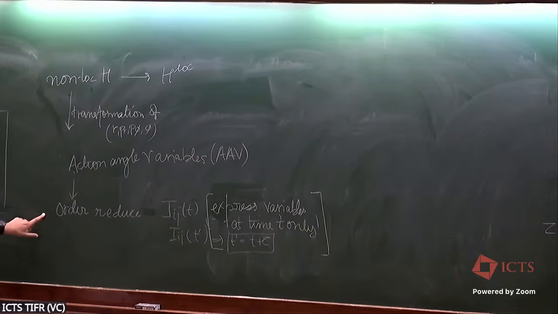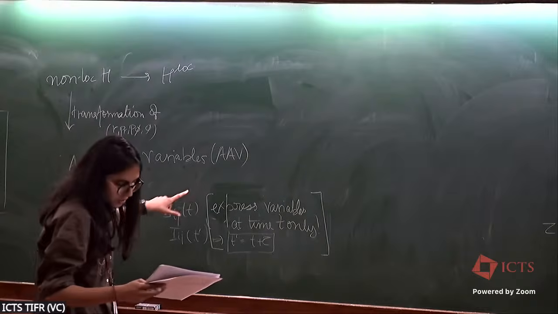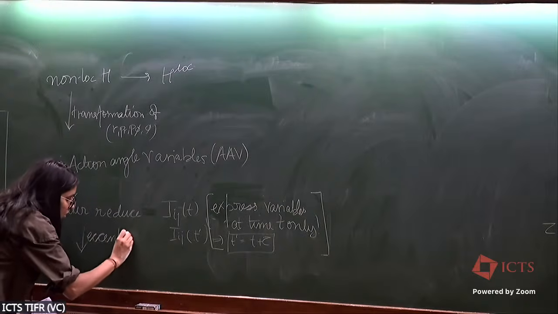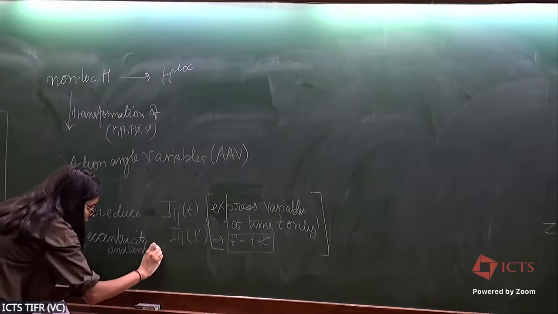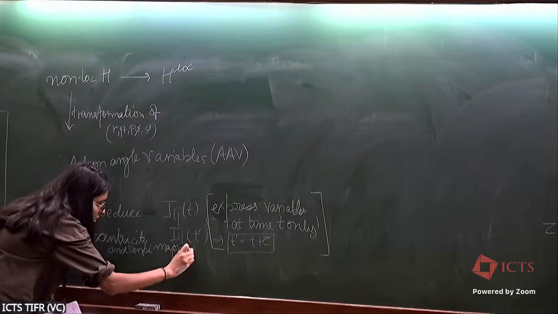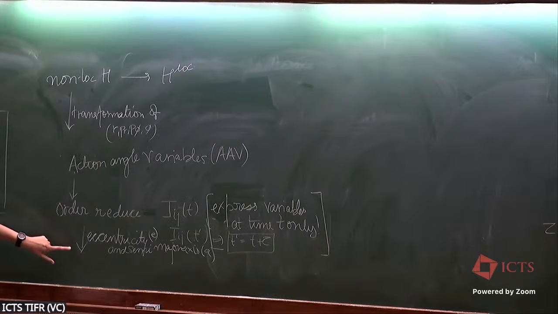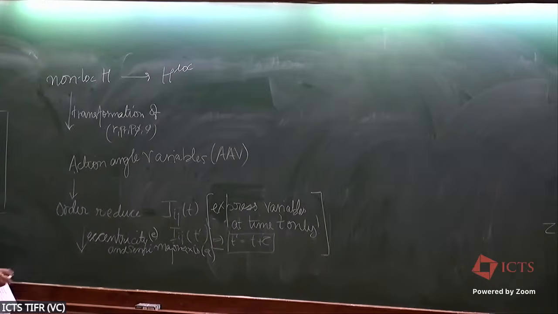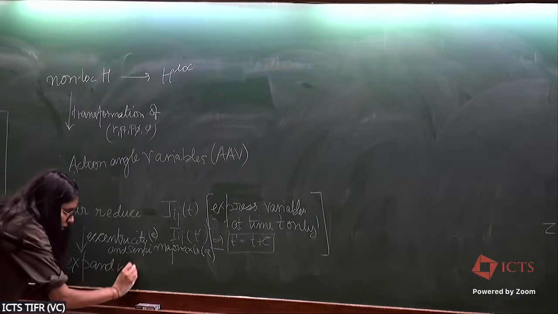After I do this order reduction, I can express the action angle variables in terms of the eccentricity and the orbital separation, and the semi-major axis, A and E. Once I express this, I can do the expansion of Iij and Iij at t prime in terms of E and A, expanding in powers of eccentricity.